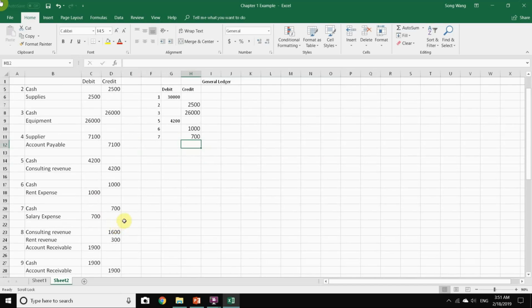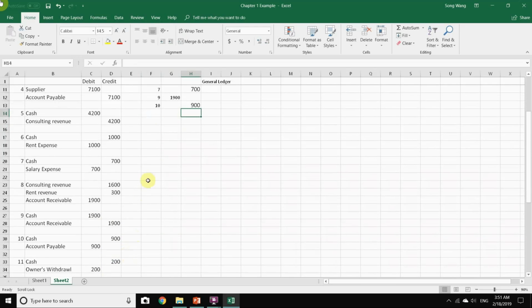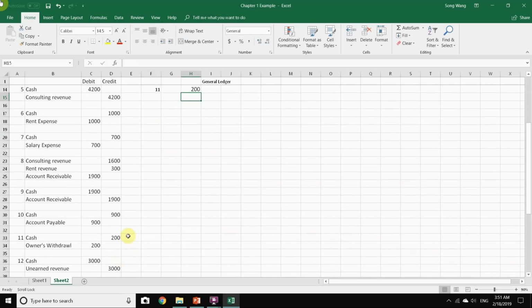And then for number 8, you don't have anything related with cash. But for number 9, that's a debit of 1900. Okay, and then number 10, you have a credit of 900. Number 11, you have a credit of 200. And then number 12, you have a credit of 3000.